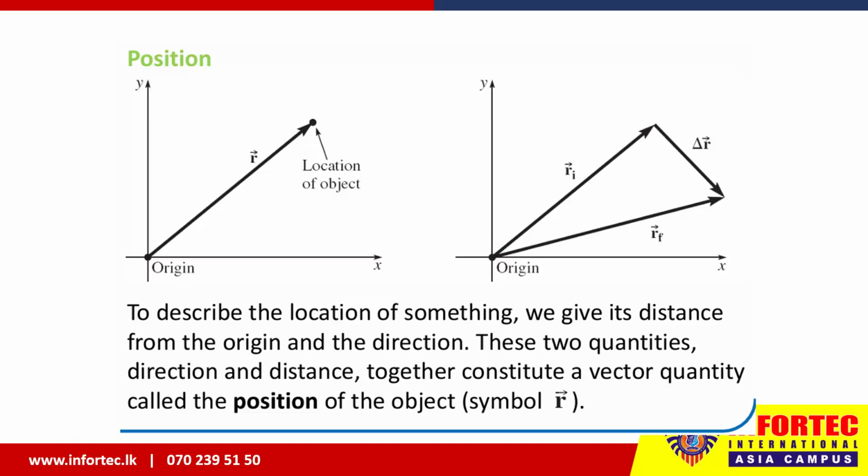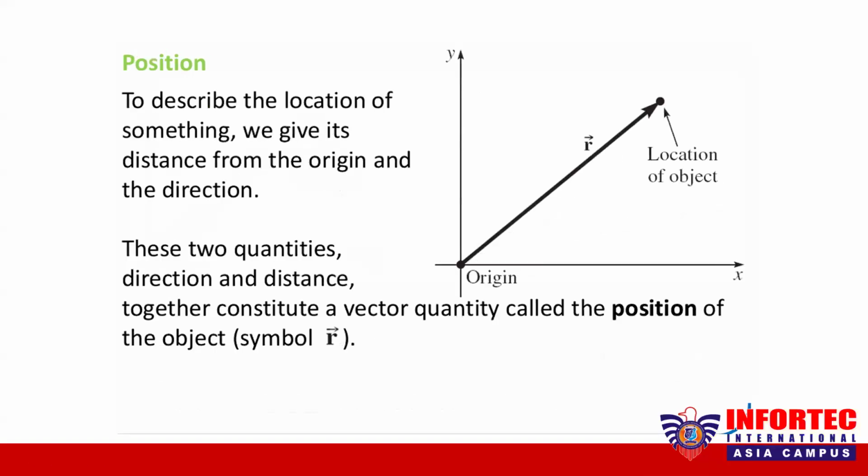You can see these two quantities, direction and distance, in this diagram. r represents the direction and also the magnitude. Then in the second figure, you can see ri and rf and the origin. Delta represents the displacement from ri to rf. All are vector quantities.